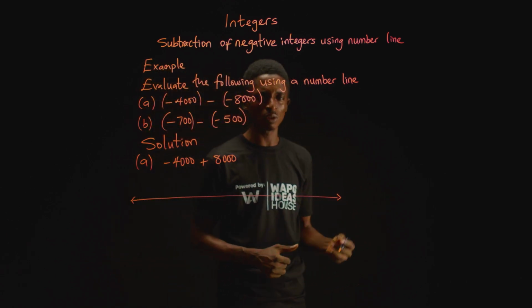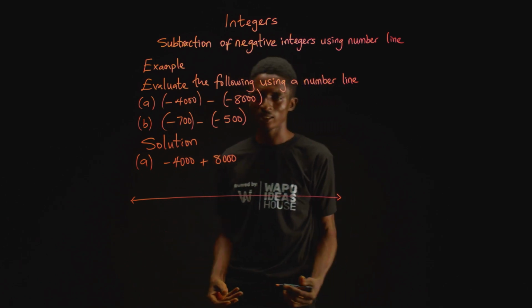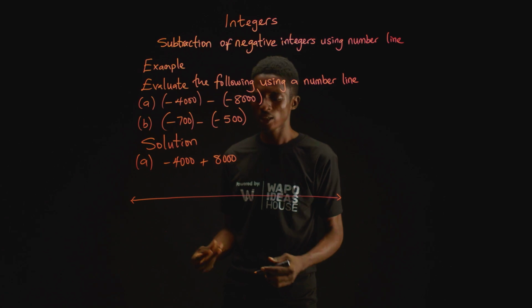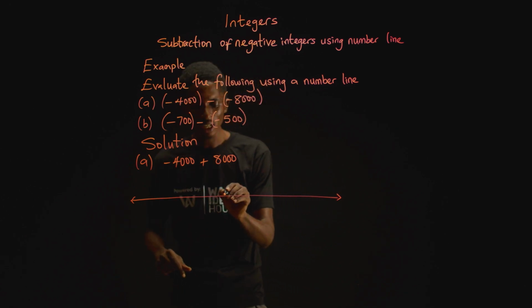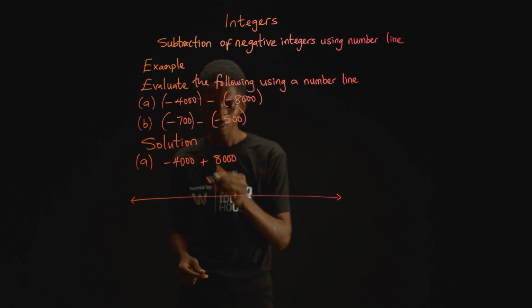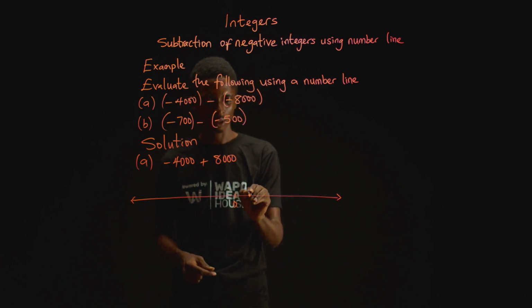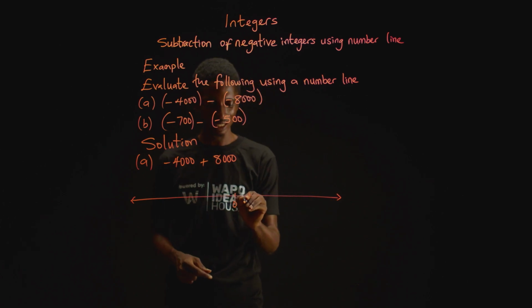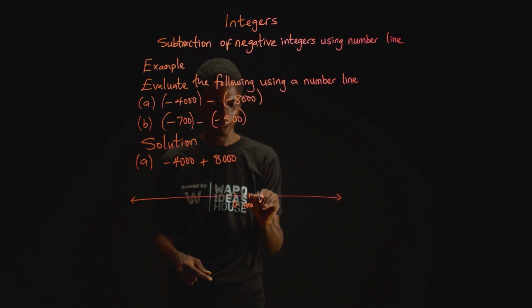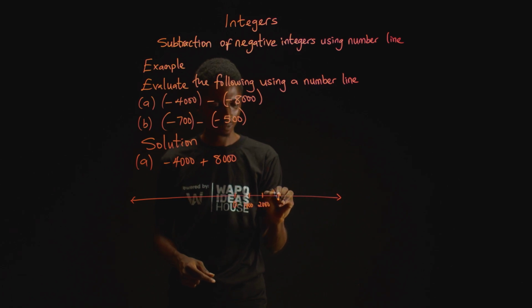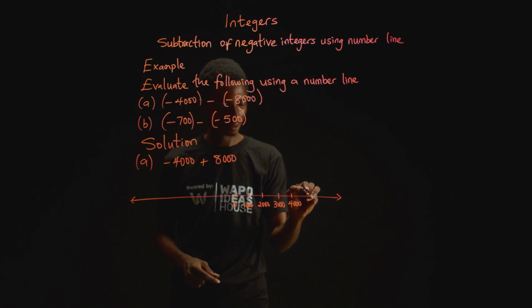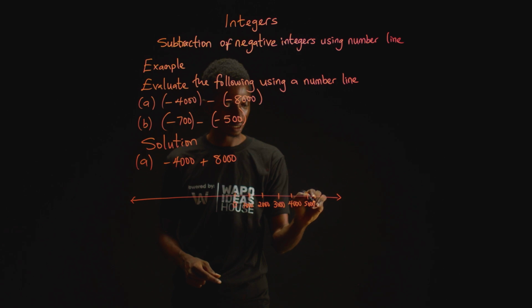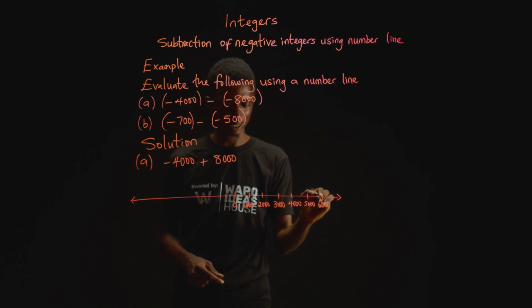Since we are dealing with thousands, we cannot go in steps of 1. Neither can we go in steps of 100 because it will not be accommodated by this short line. So instead, we will go in steps of 1,000. If this is 0, to the right we have the positive integers 1,000, 2,000, 3,000, 4,000, 5,000, 6,000.